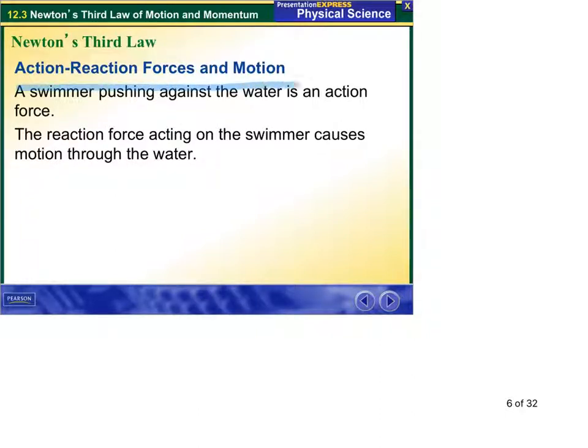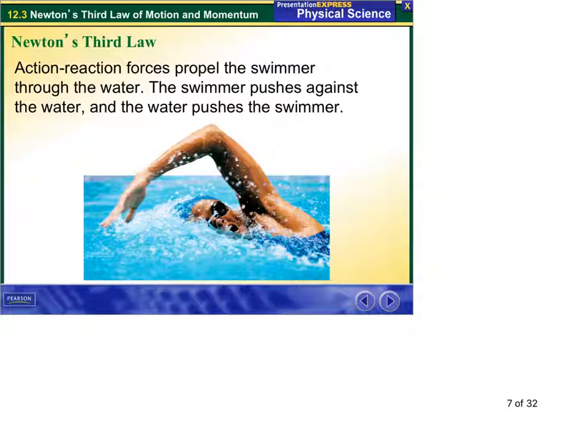Action force, reaction force is the water acting on the swimmer, causing the swimmer to go ahead. So these action and reaction forces propel the swimmer through the water. The swimmer pushes against the water, and the water pushes against the swimmer.